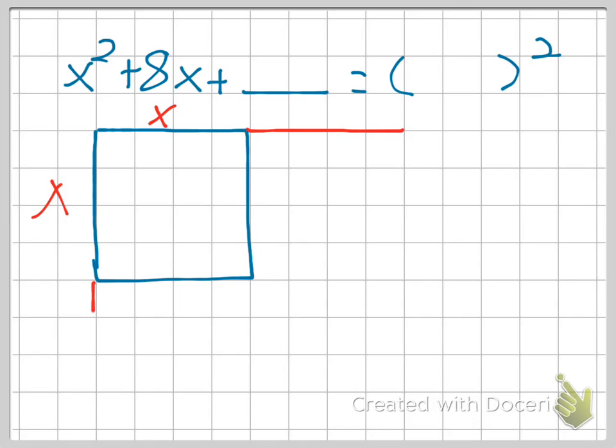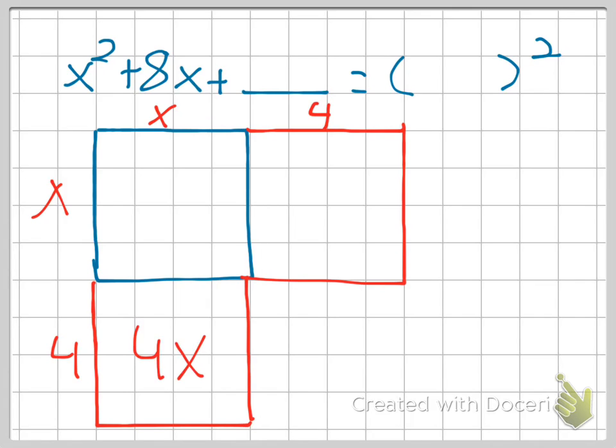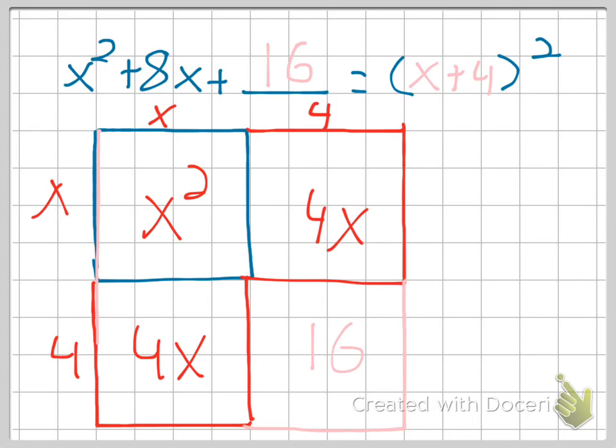So 1, 2, 3, 4. Okay, so since this is 4, I have 4x here, x squared here. Well, if I had a 4 by 4 square, I would be able to make it a square. Right? If I had this region over here, which is a 4 by 4, which is composed of 16 square units, I would be able to have a square with sides x plus 4.